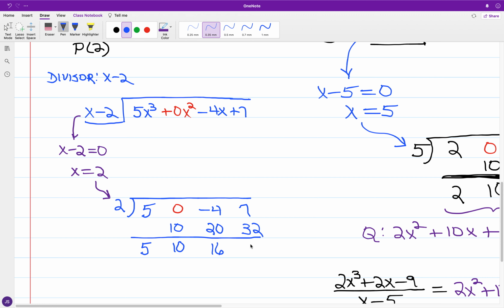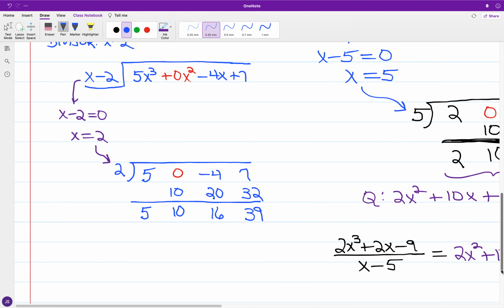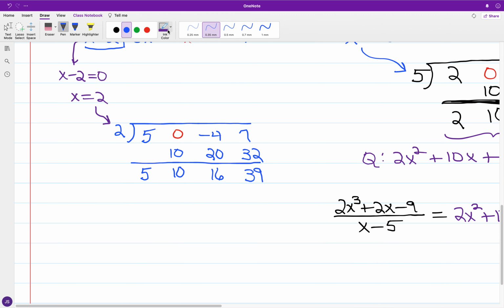And 7 plus 32 is going to be 39. In the case of the totals, now we have the remainder. That's going to be your p of 2 is equal to 39.